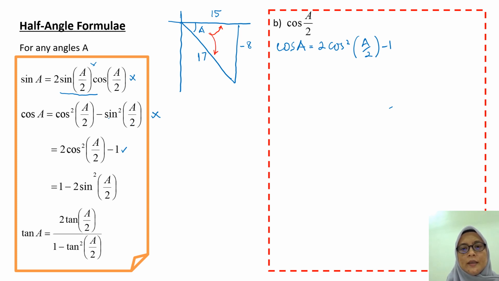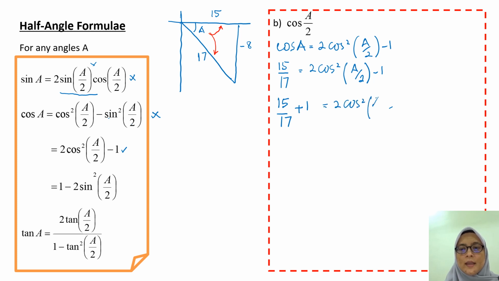So we have 15 over 17 equals 2 cos square A over 2 minus 1. So minus 1 moves over to become 15 over 17 plus 1 equals 2 cos square A over 2. So this one you will get 32 over 17.